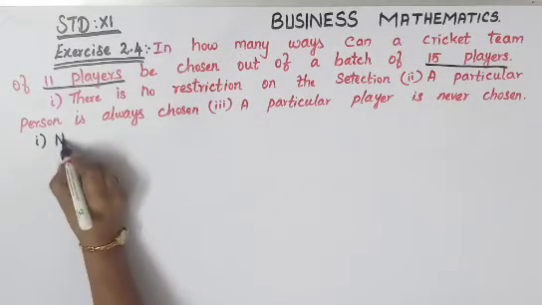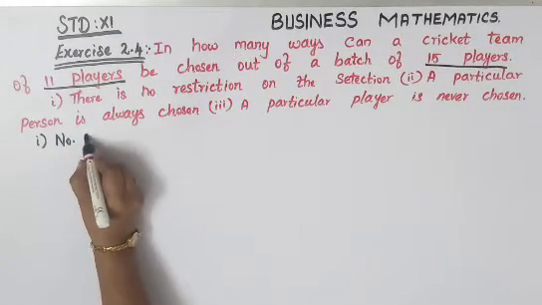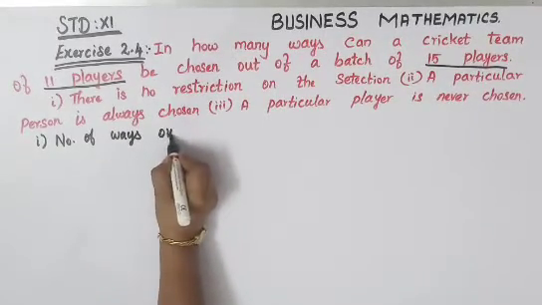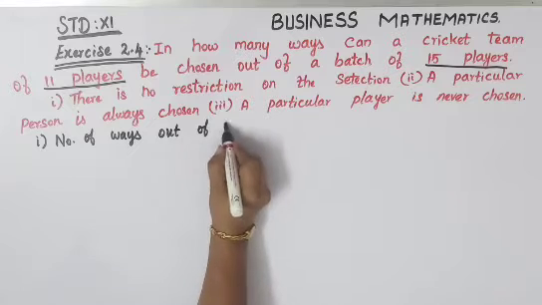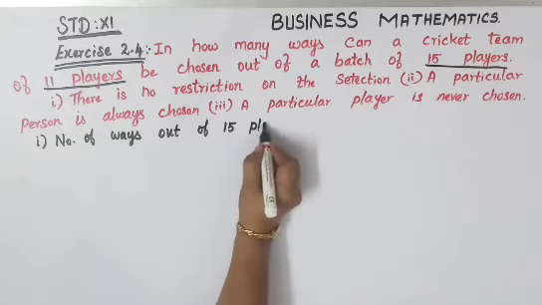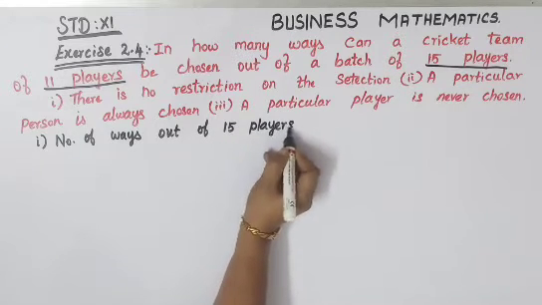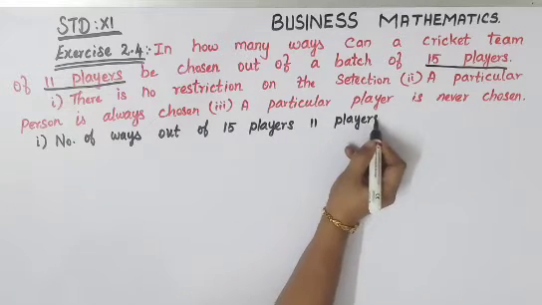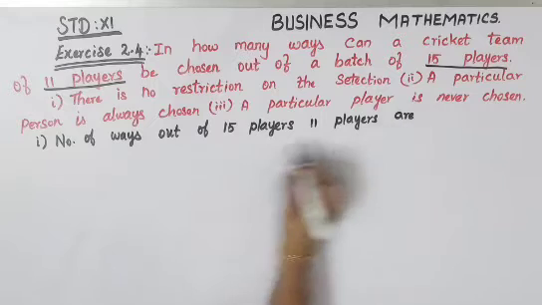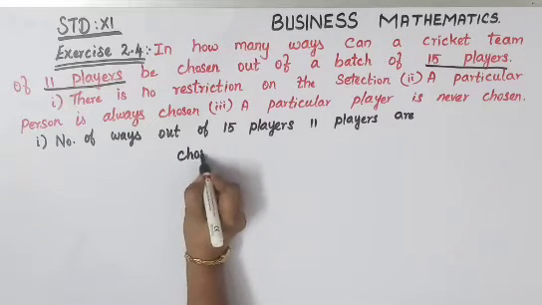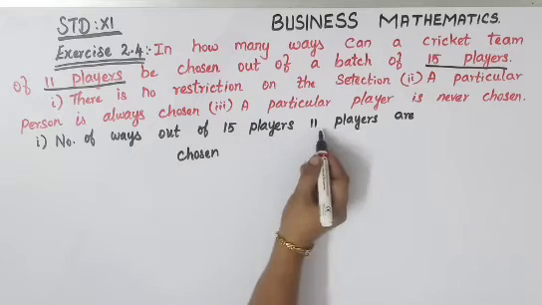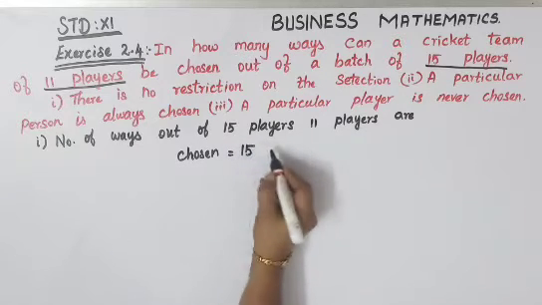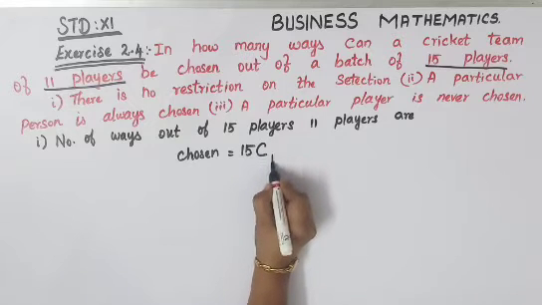So number of ways out of 15 players, 11 players are chosen. So out of 15, 11 has to be taken. So 15 players are there. From there we need only 11 players.